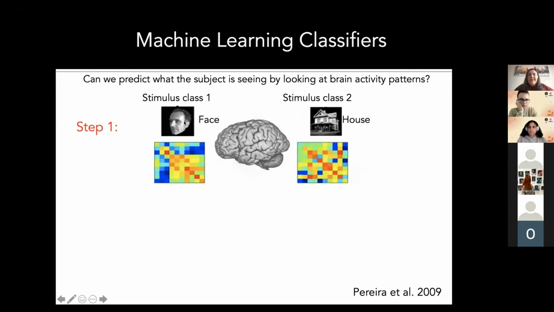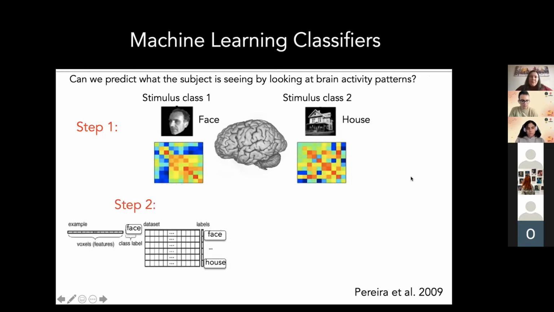For example, for the face condition you probably present it 20 or 30 times, and the same is true for house images, maybe even more. So you have examples or trials for each of these stimulus categories.